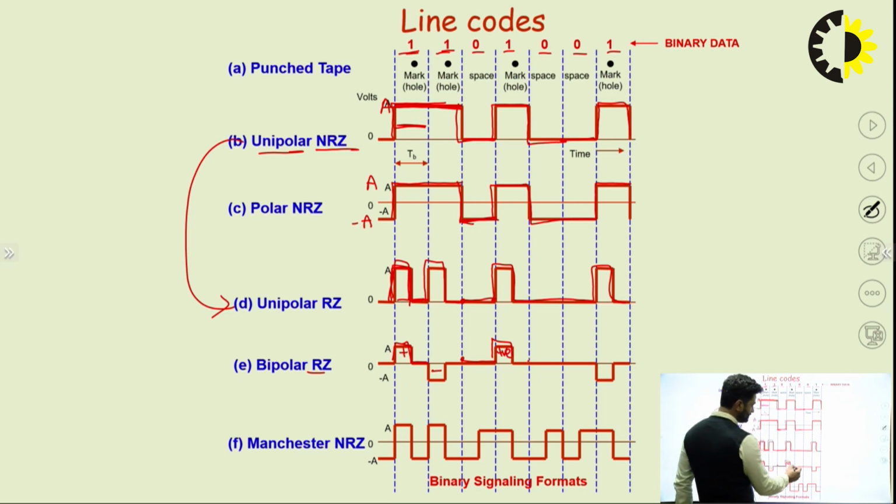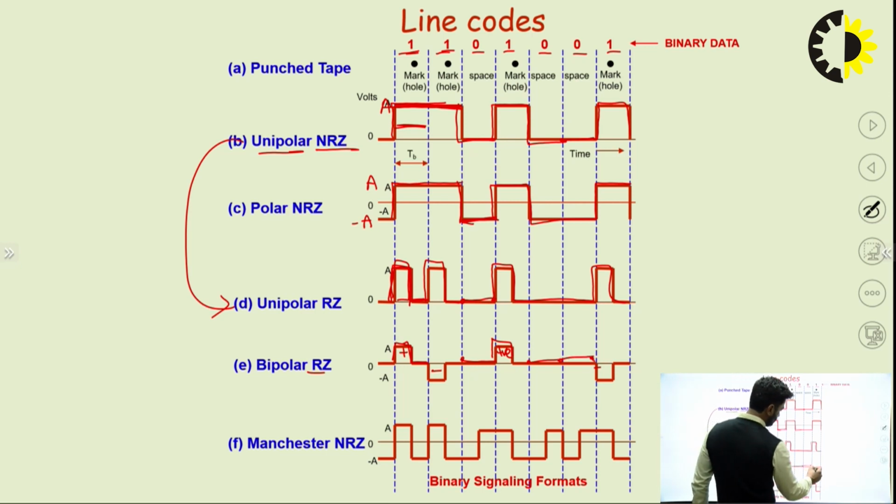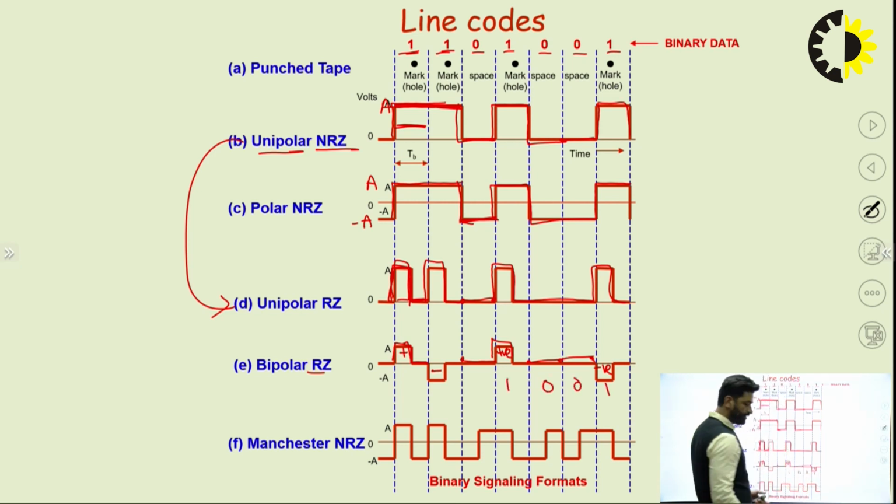Now 0 is presented as 0, 0 as 0, positive means negative. The data will be 1 here, 0, 0. You can also generate the binary data from these pulses, because when the plus is there it means 1 bit is there. Again alternating means 1, 0 in case of bipolar, 1 0 0 1.